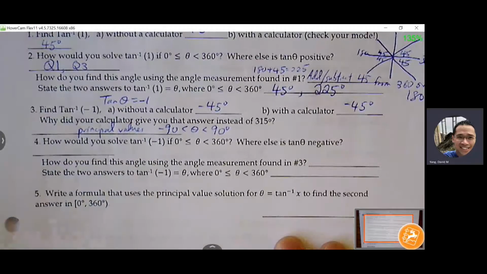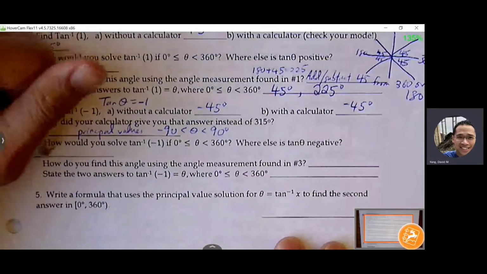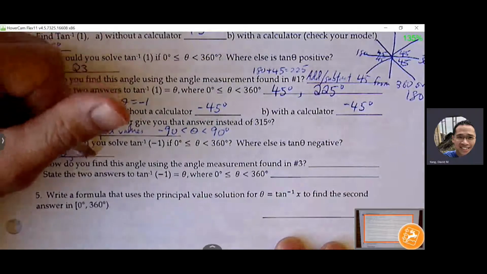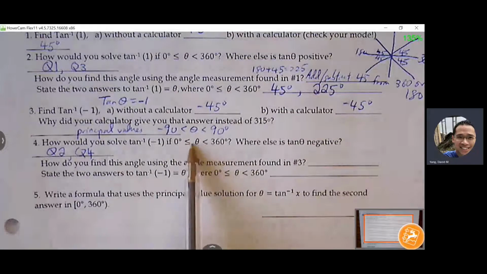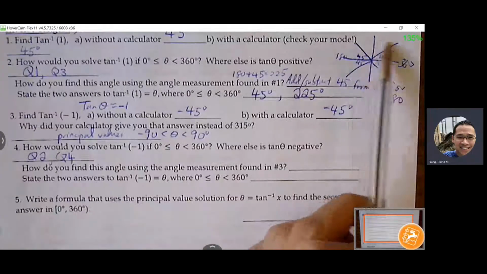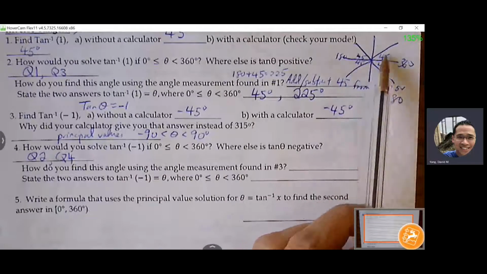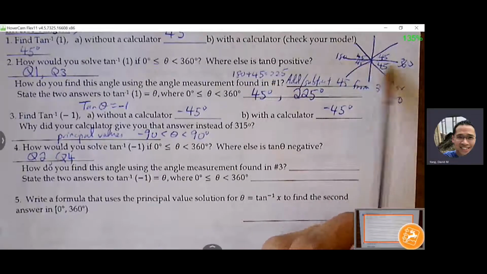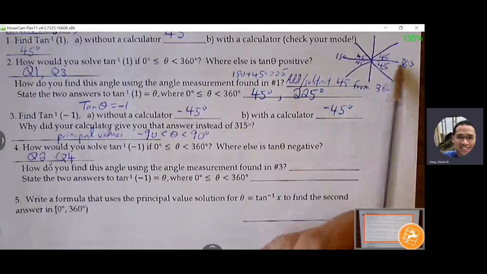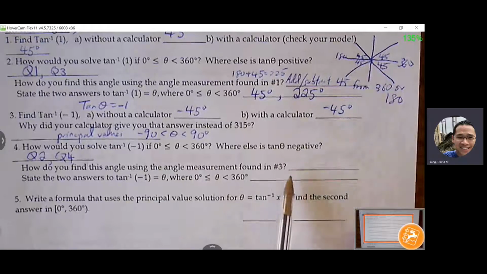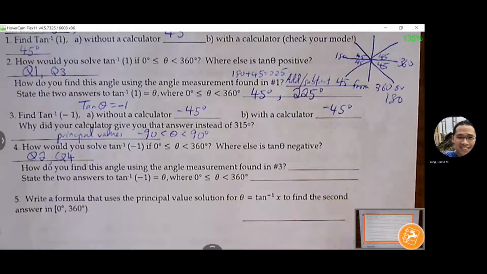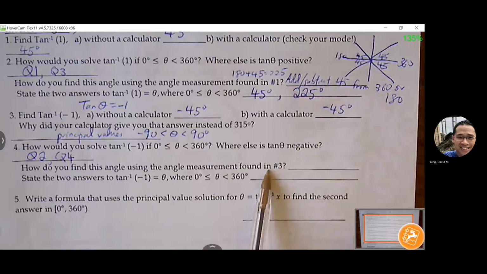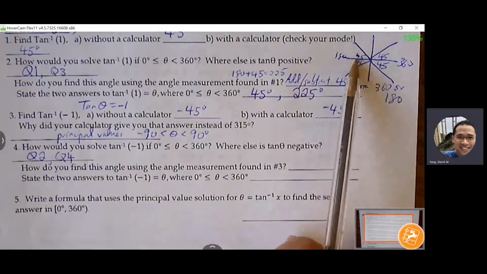Okay, so we know tangent is negative in the second and the fourth quadrants. How would you find these additional measurements between 0 and 360? We can just go to our chart, right? We know it's going to be one of these measurements involving adding or subtracting 45 from either 180 or 360. So we can do 180 minus 45.